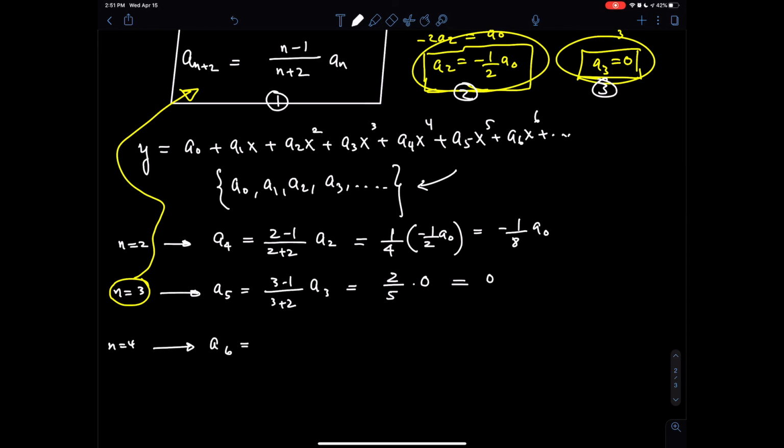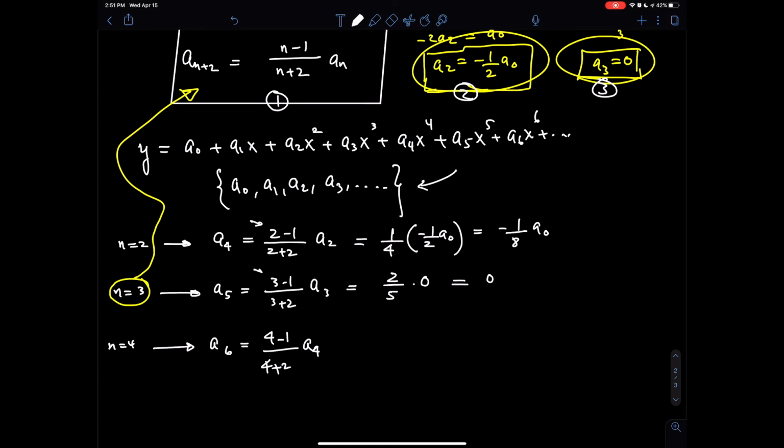a6 equals, well, if you see the pattern, you don't have to keep going to the top equation trying to see what you're going to get. Just look at the pattern. You start with 2 minus 1, then 3 minus 1, so obviously this will be 4 minus 1. And then here you have 2 plus 2, 3 plus 2, so this would be 4 plus 2. And here you go from a2 to a3, so obviously this will be a4.